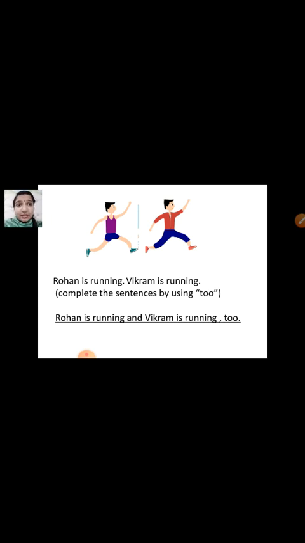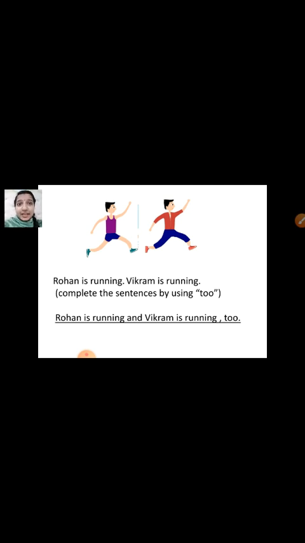Vikram is running. Both of them are doing the same activity. So let's join these sentences. How? By using "and". Rohan is running and Vikram is running, comma, too. "Too" means also.